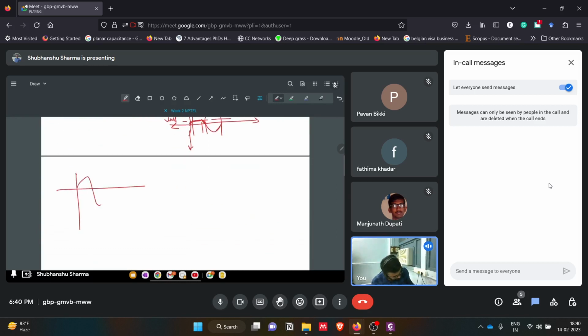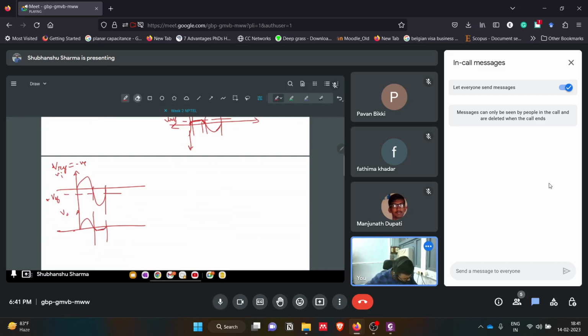So this was the input voltage. We'll say V reference was negative, but this is a positive clipper. Let's say it is here, minus. This is V reference, which is negative.